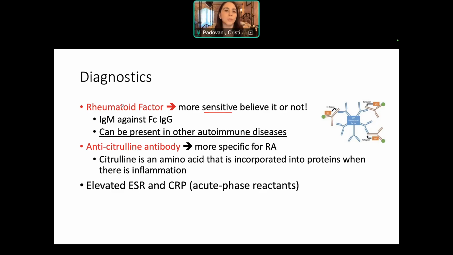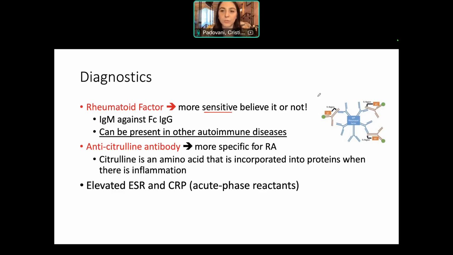And people are like, oh my God, rheumatoid factor, this is RA. No, rheumatoid factor can be present in other autoimmune diseases. So this is more sensitive. This is like the ANA for rheumatoid arthritis. It's sensitive for it. They also like to ask, especially M1, M2, what rheumatoid factor is.